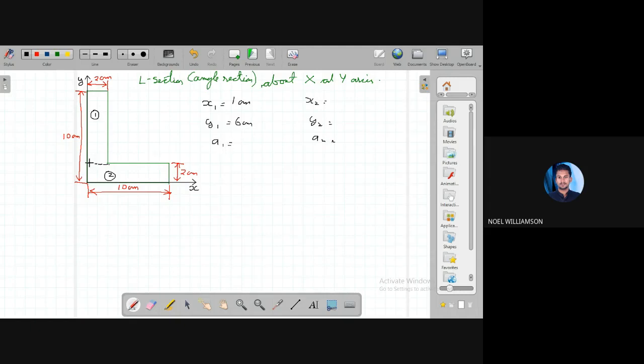And the area is 2 into 8, 16 centimeter square. Similarly for x2, it is 5 centimeter, y2 is 1 centimeter, and area is 10 into 2, that is 20 centimeter square.